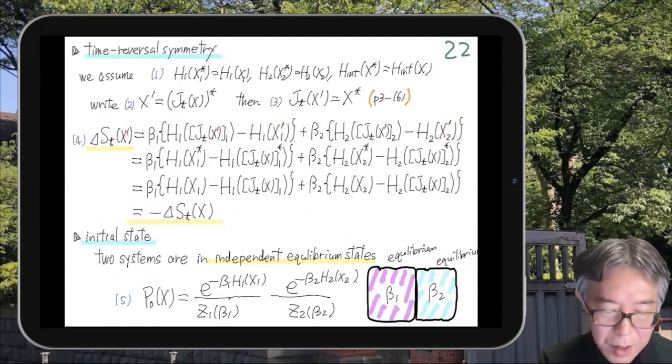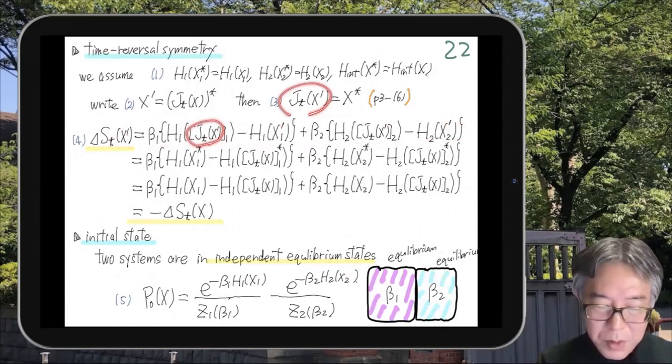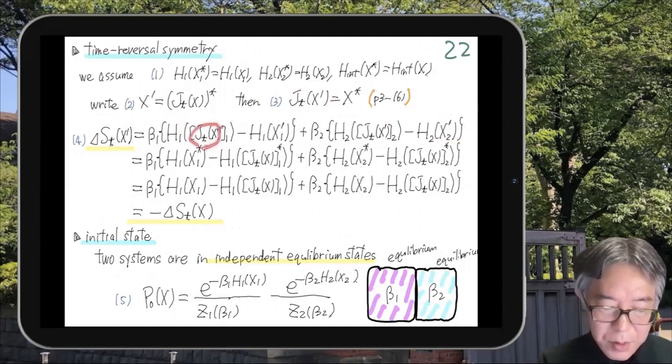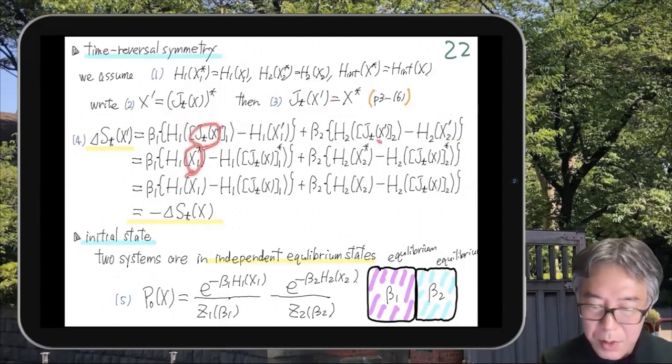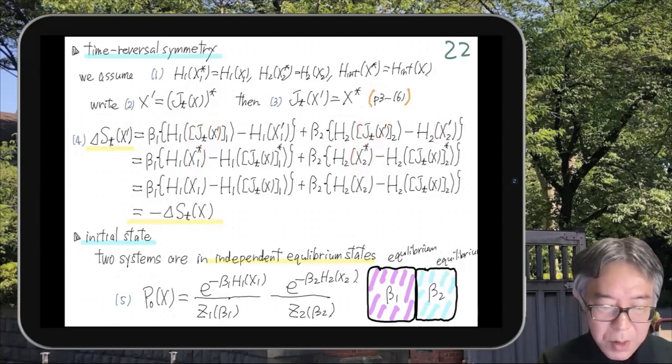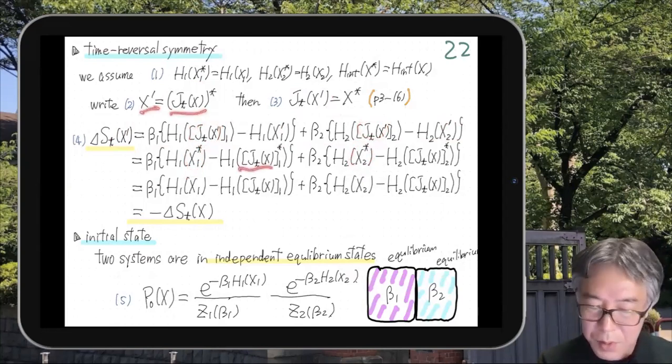Now I look at this. This is equal to X prime. So this one is this. So you see that this is X star. So this is X1 star. So this is X2 star. And also X prime is this. So you have simply this and this.